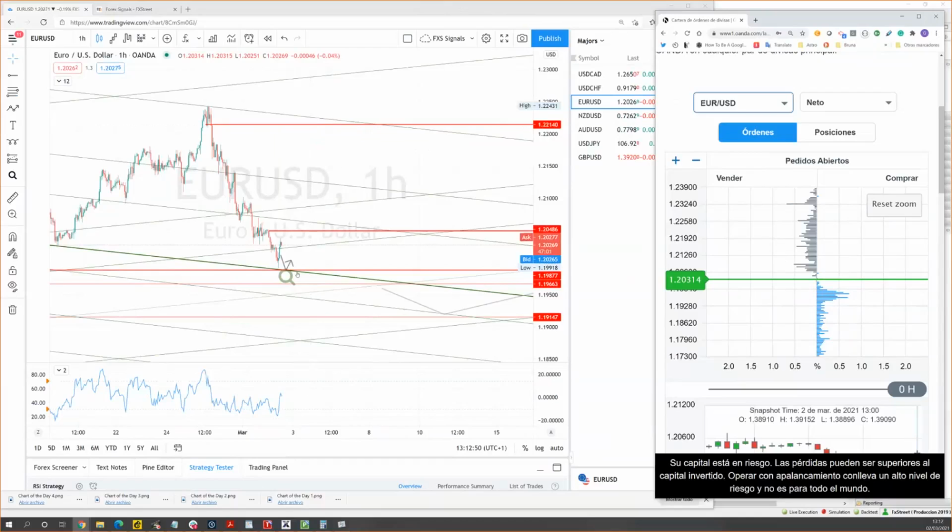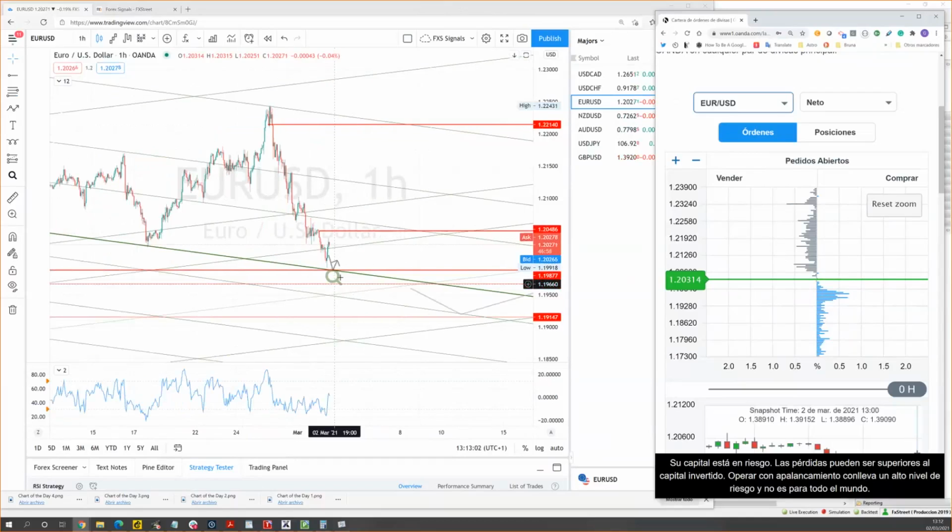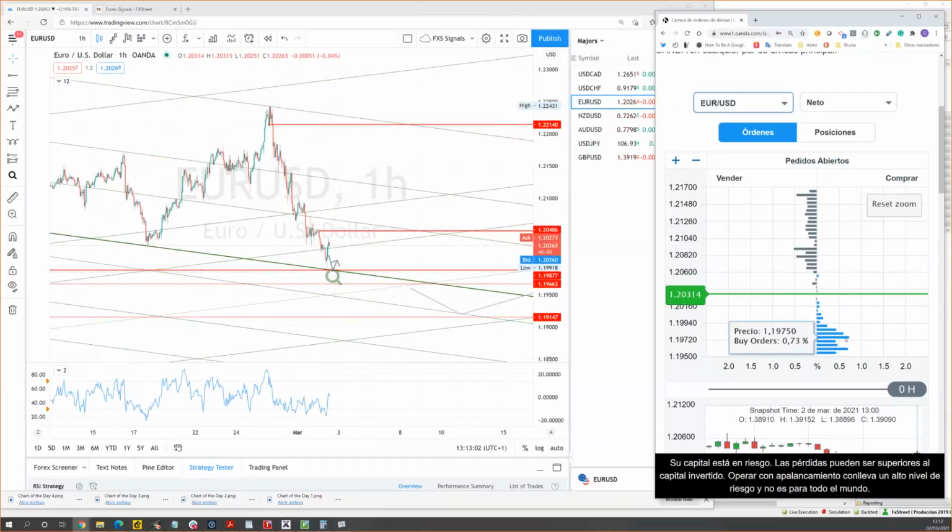So let's look at this level here on the bottom where we have our entry at 1989, more or less. Let's zoom a little bit. We have 75, 80, 85. So we see this level here on the right side.